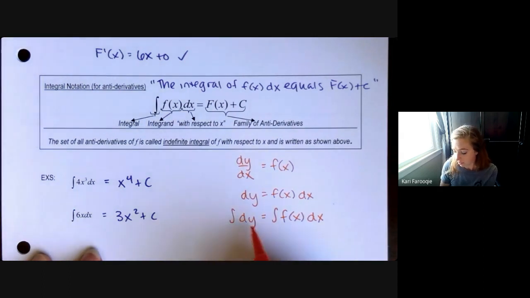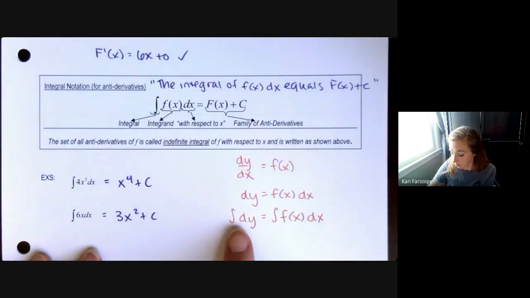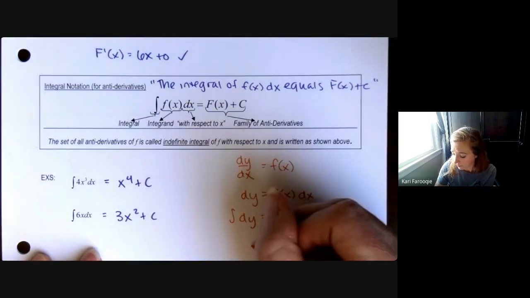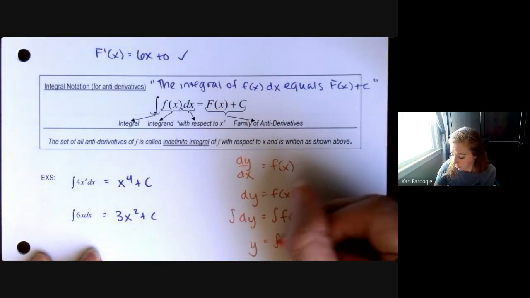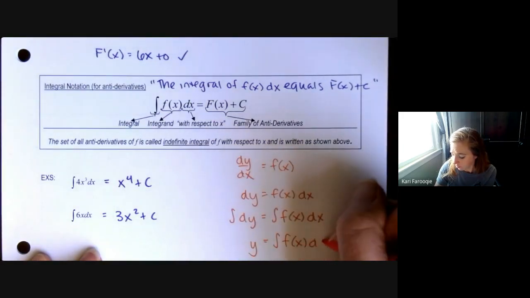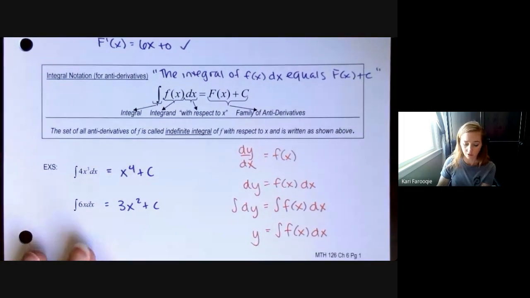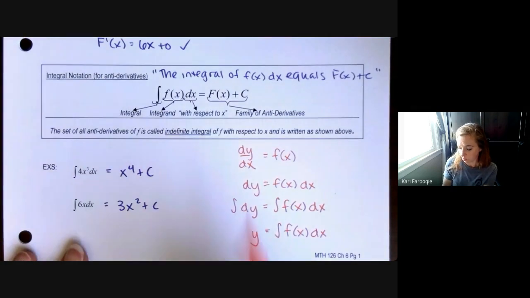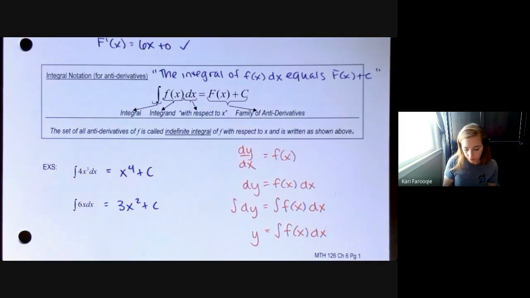Well, the integral of dy is just going to be y because you're integrating 1 dy with respect to y, and the antiderivative of 1 will just be y. So we would say that y is the integral of f of x dx, and that's where all this notation is coming from. So in case it's bothering you, that's what we're looking at.